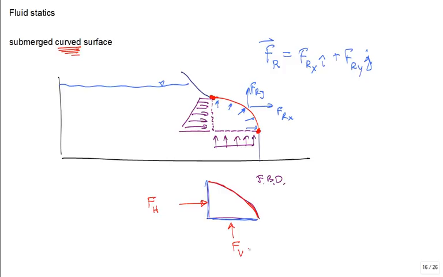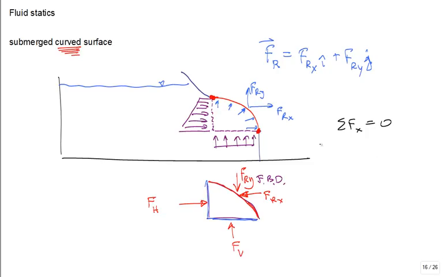And then I say from statics, the sum of the forces in the x must equal 0. Well, the water's pushing on the gate, and the gate's pushing back on the water with F_Rx and pushing down with F_Ry. True? Equal and opposite forces. It's in static equilibrium.